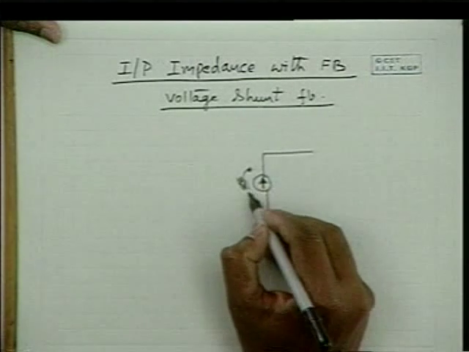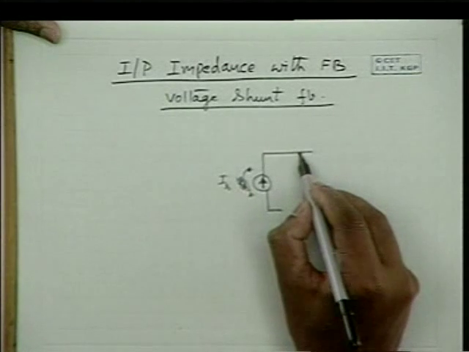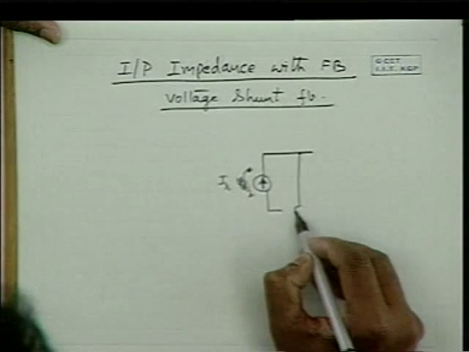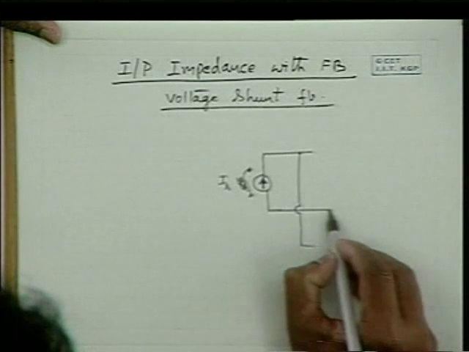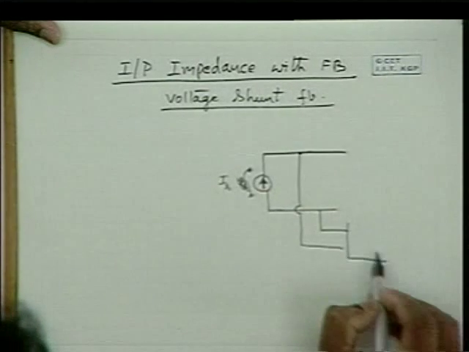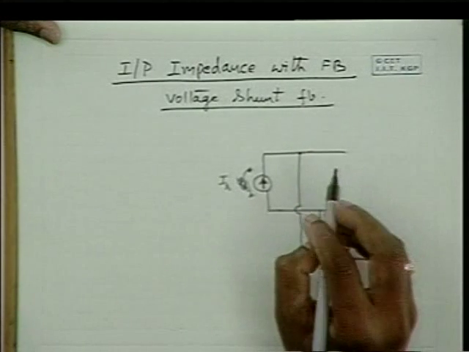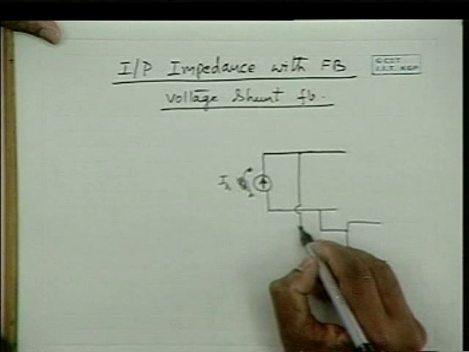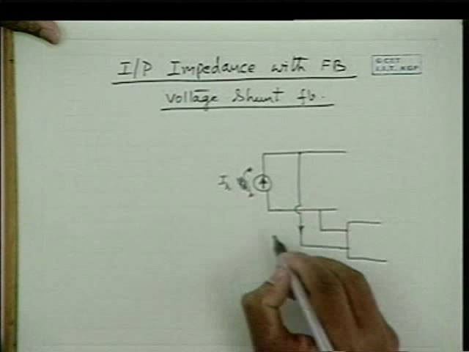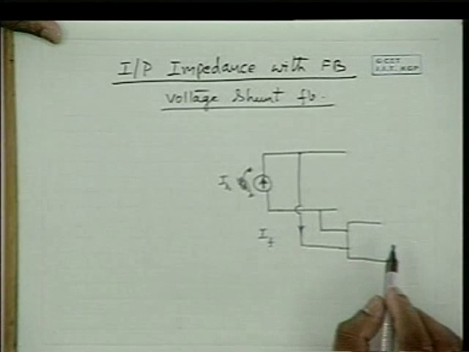So let the current be Is and the feedback current provided be If. From the feedback circuit, we draw a current If from the source into the feedback network.